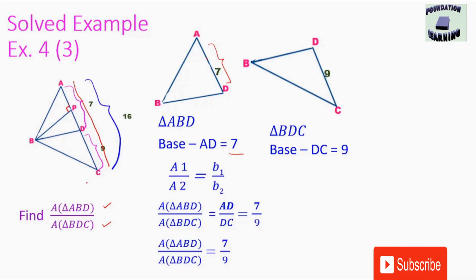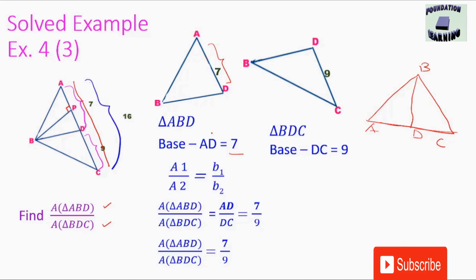Though the figure is actually slanting, it's not given the same way. If you look like this, we will have the base AC, and then all these points, D here. B is common here. So ABD is here. So base is AD, and BDC base is DC.